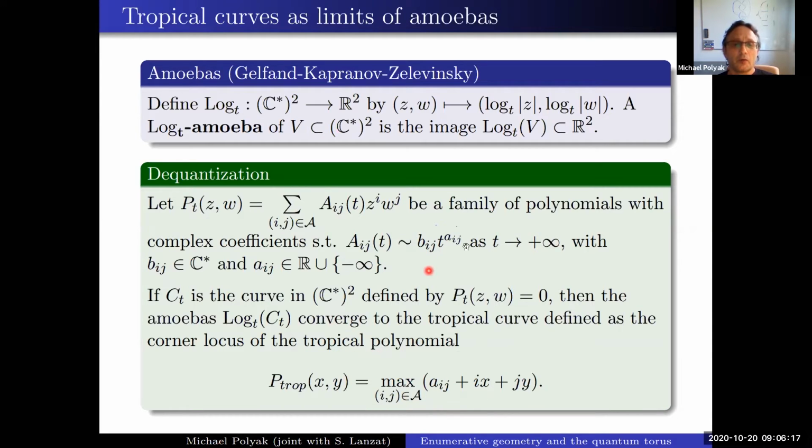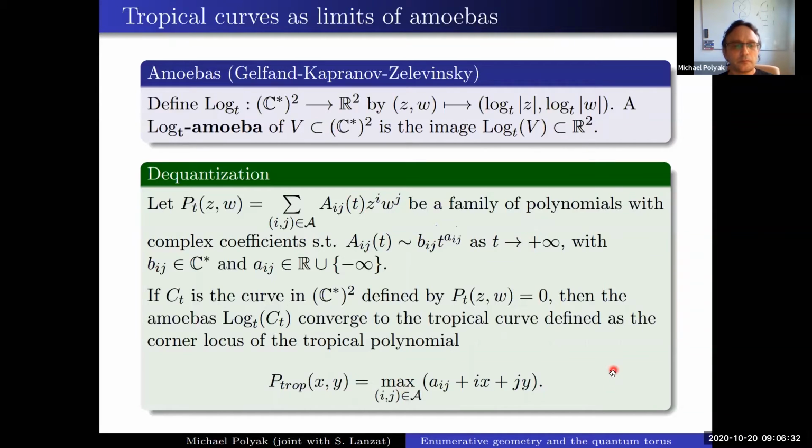So what happens with your initial polynomial is basically that multiplication changes to addition, and addition changes to the operation of picking the maximum.